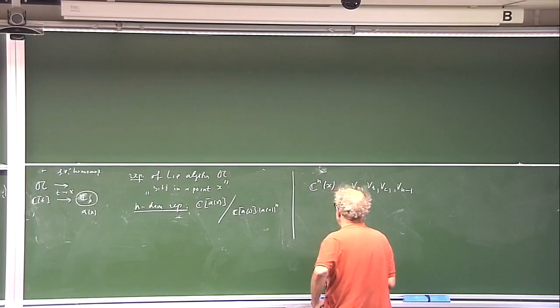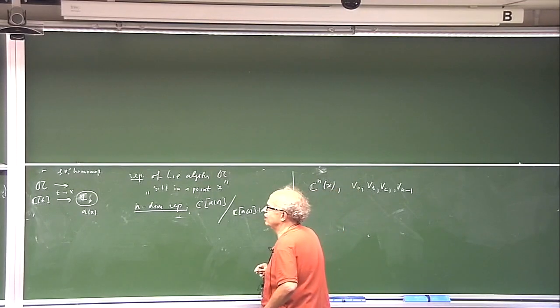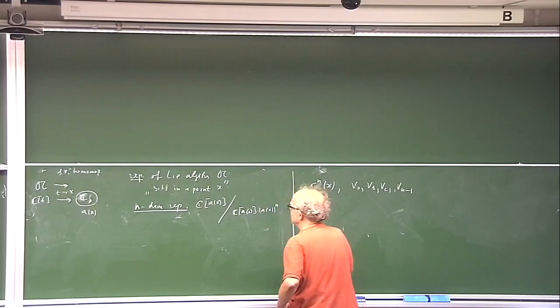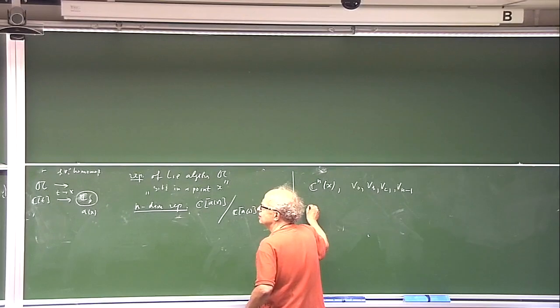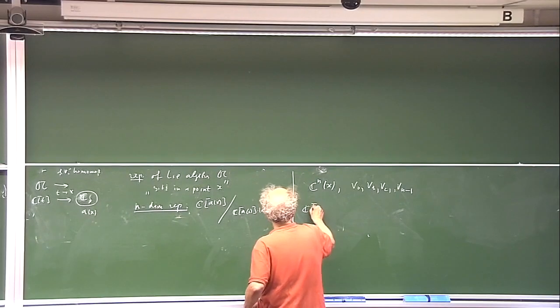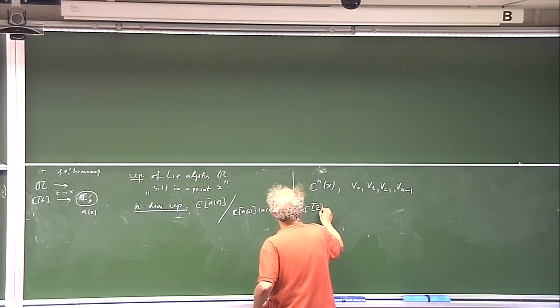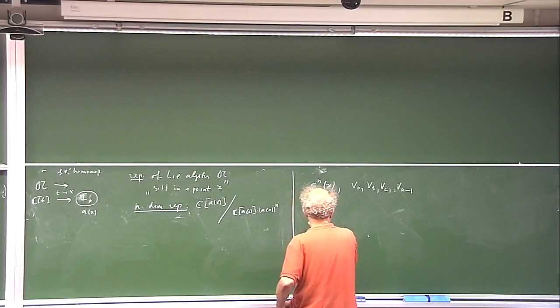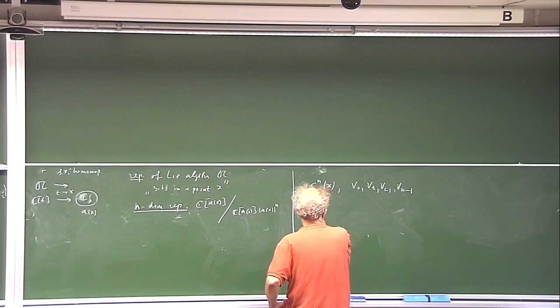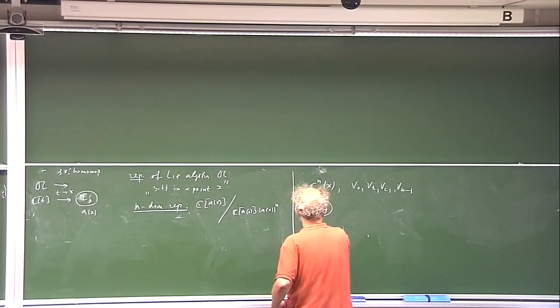Because it has to be a representation of my algebra, the generator of my algebra is just a function in z. Representation means that each element from here is just a polynomial in z.